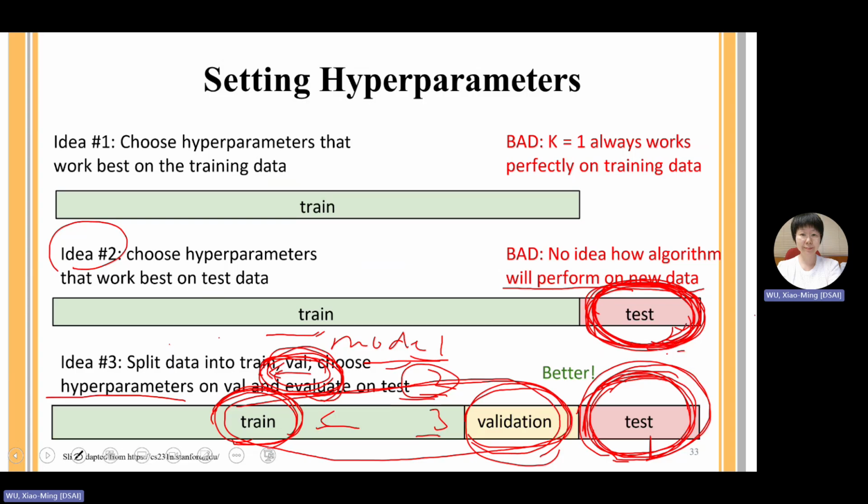And normally, if you do so, the performance of your model on test data is usually higher than its actual performance on new data, because you use test data to select the hyperparameters. Okay, and the performance on test data doesn't represent an unbiased estimation of your model.